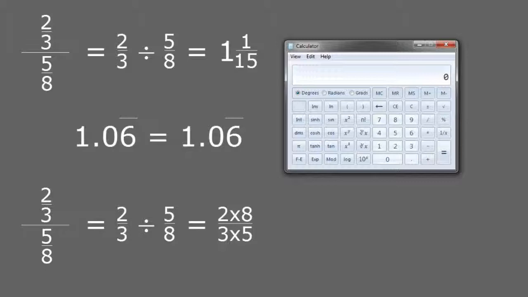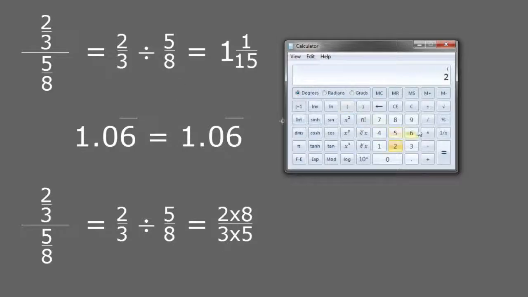Now I am going to show you how to verify if you did this exercise correctly by the use of a calculator. Calculators will not really help you in your homework or in your exam because most calculators only give you the result in decimal numbers. But they help to verify if you did the exercise correctly. What I'm going to do here is just do 2/3 divided by 5/8 first and see what I get from that.